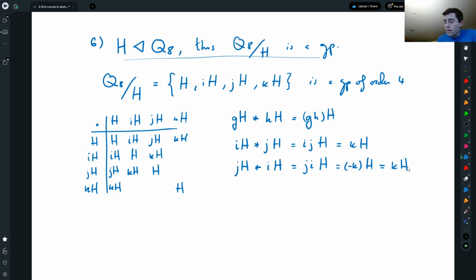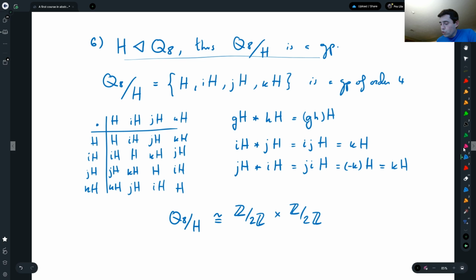Okay, so i times k gives me jH, k times i gives me jH, and j times k will give me iH. So now what you see is that I have a group where every element is of order 2, so it cannot be Z modulo 4 because there's no element of order 4. So I claim that this quotient is isomorphic to Z modulo 2 cross Z modulo 2.